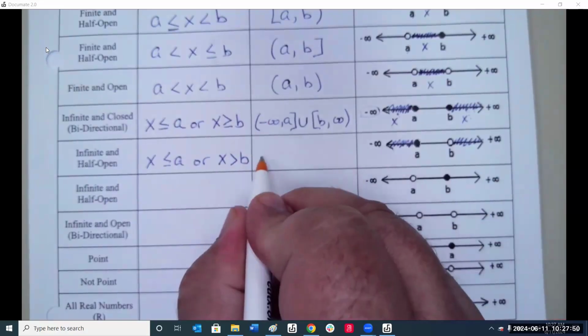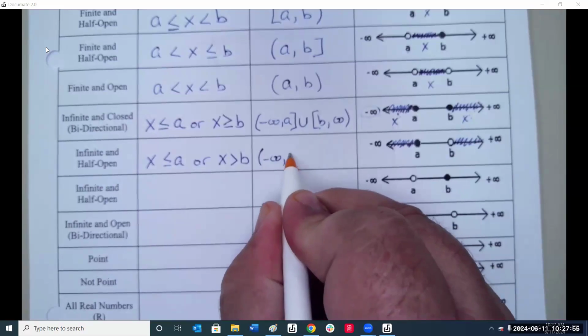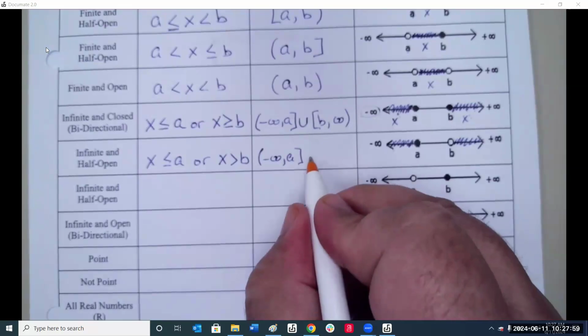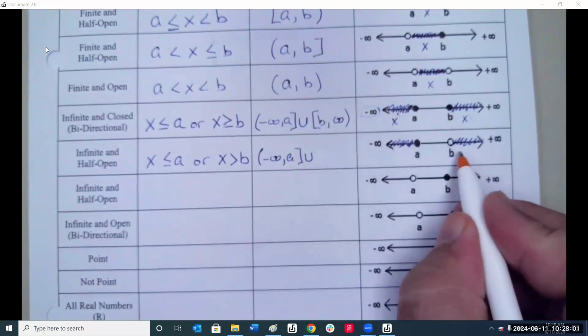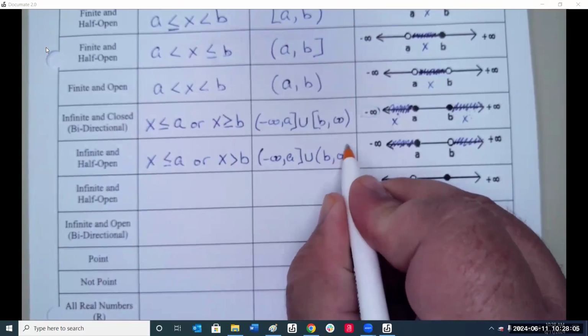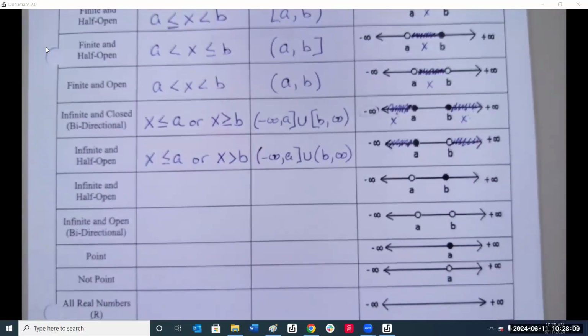So the first set goes from negative infinity to a, bracket, unioned with b to infinity. But b is a parenthesis because I can't use it.